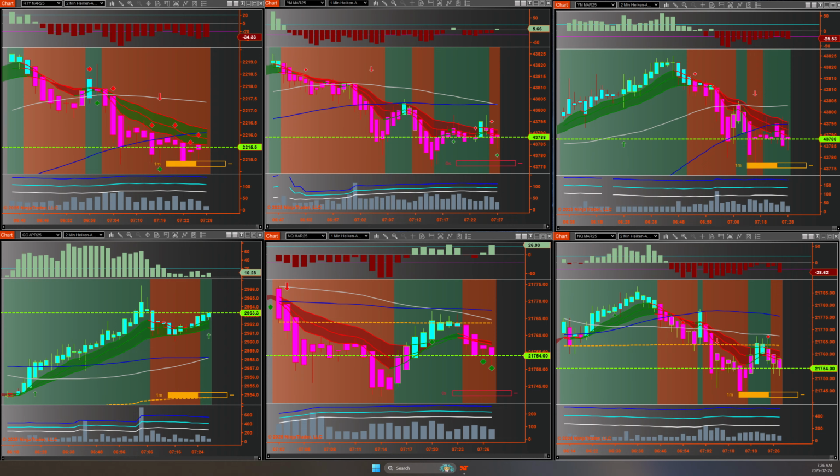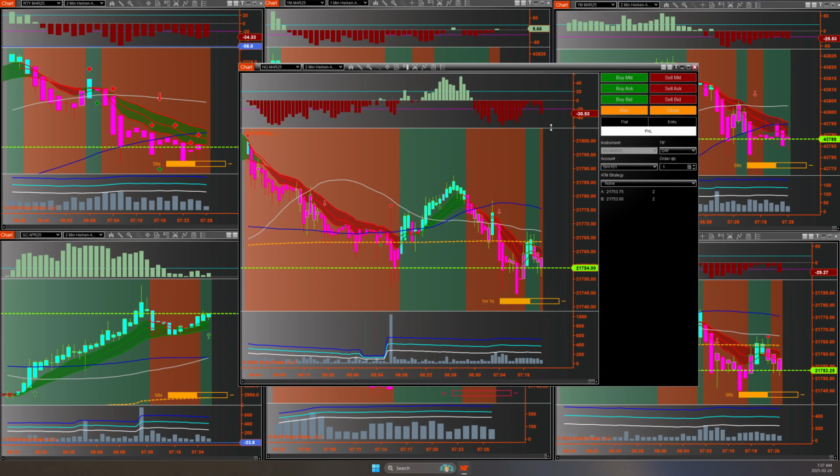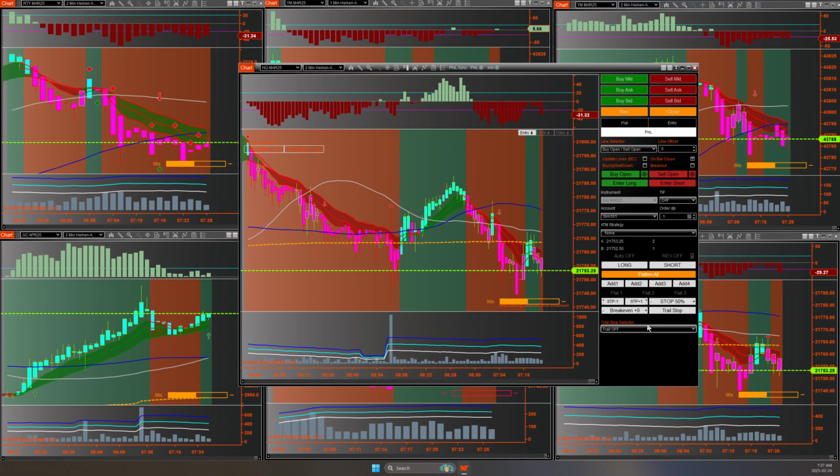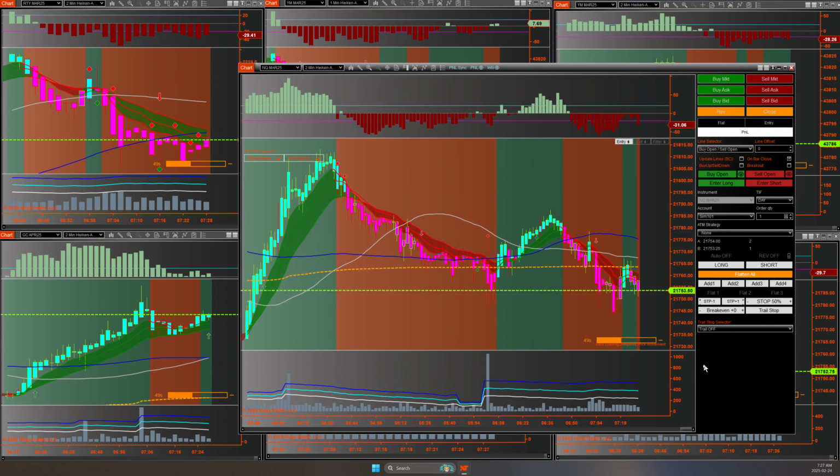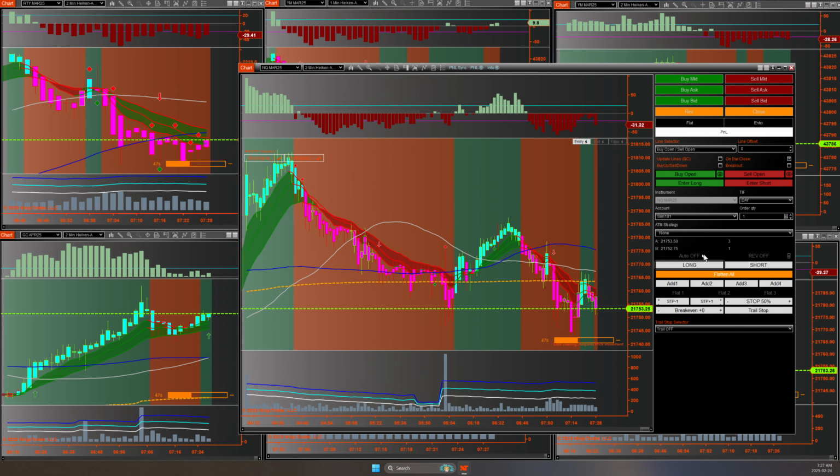So I'll show you. I have a strategy too. It's something I bought. I've had it for a while. On the side, there's Chart Trader, but then I've got this, and it's like an automated entry, so I can turn auto on.